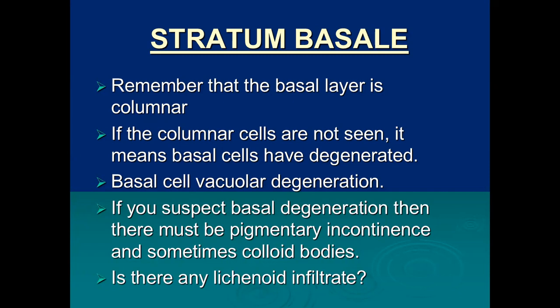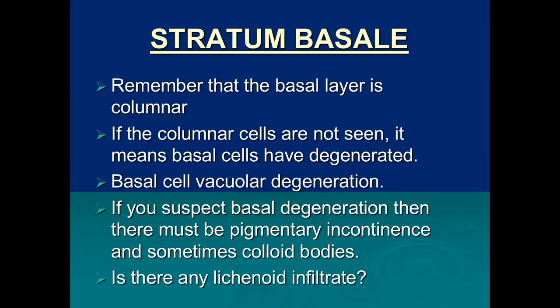And this damage can be in the form of vacuoles present in the basal layer, called basal cell vacuolar degeneration. If you suspect basal cell degeneration, then there will always be pigmentary incontinence because the basal cells also contain the melanocytes.